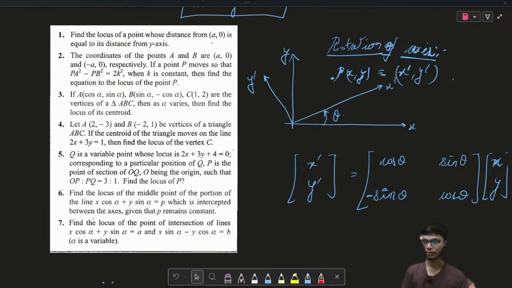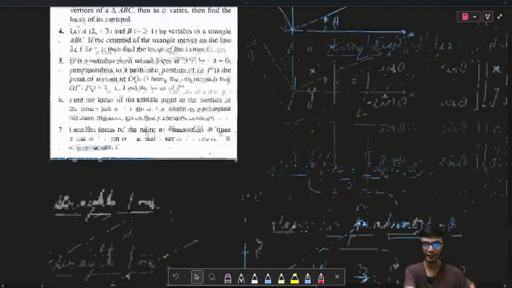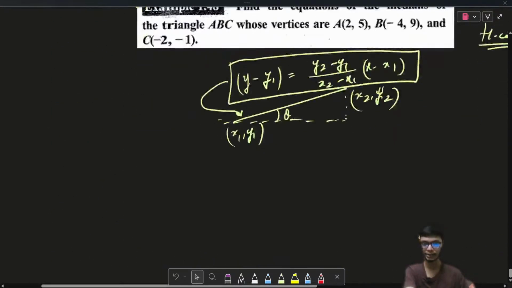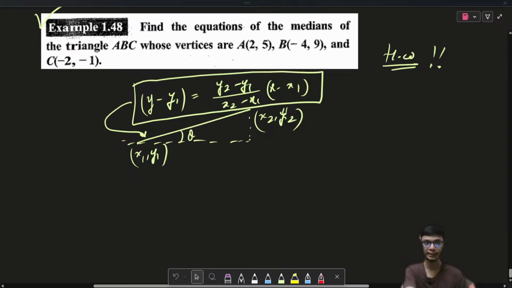So this was a question that I asked all of you to solve in the last class. Along with that, I ended the class with a discussion on the equation of a straight line, where I asked you to find the equation of the medians of this particular triangle whose vertices are given something like this, right?